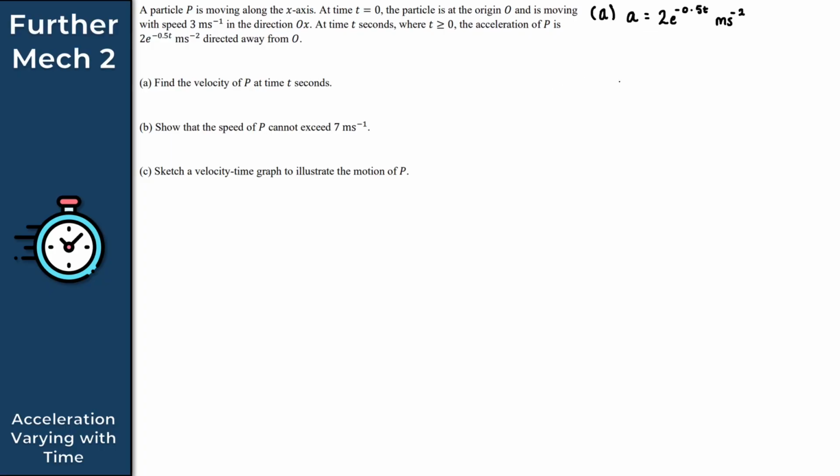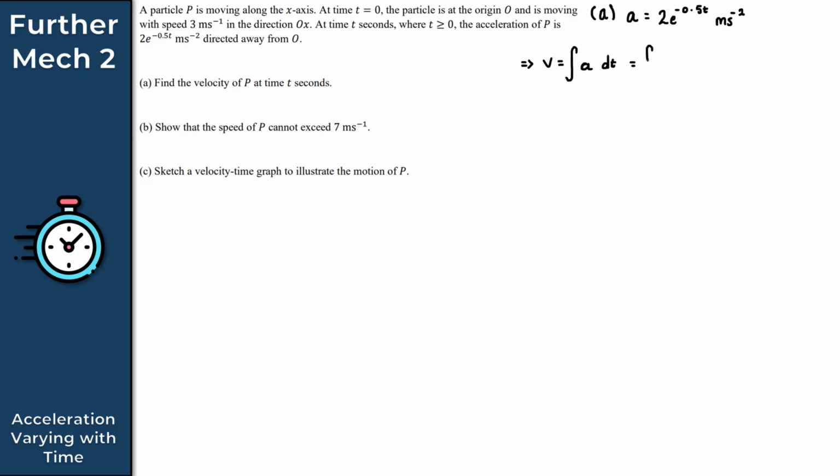Now, we want the velocity of P at time t seconds, so let the velocity of P at time t seconds be v meters per second. In that case, we know that v, the velocity, is equal to the integral of the acceleration a with respect to time t, dt. Let's replace a with this expression.